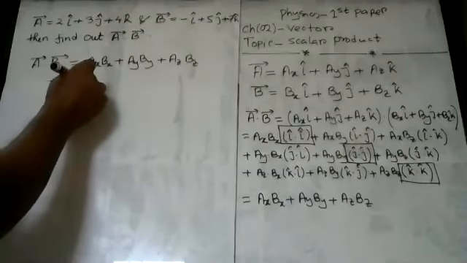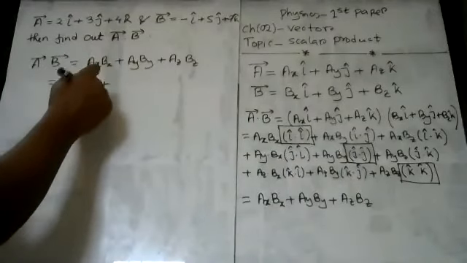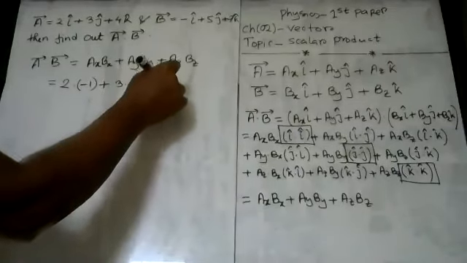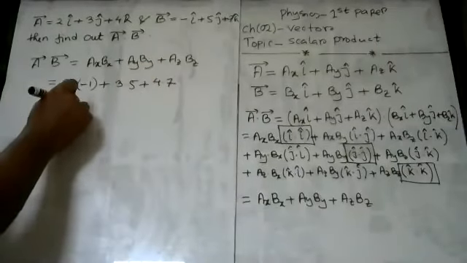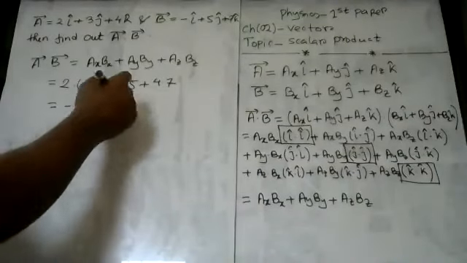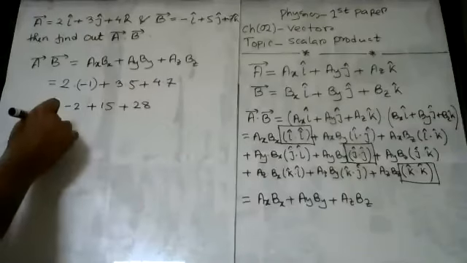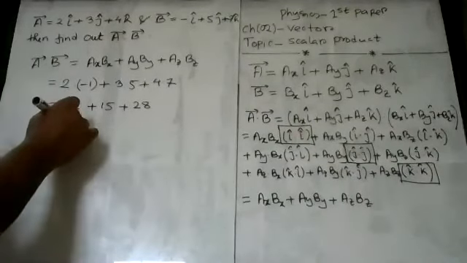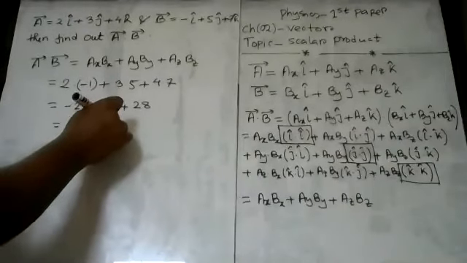So it is 2 into minus 1 plus 3 into 5 plus 4 into 7. So minus 2 plus 15 plus 28. Now what is the output of A dot B? Sir, 41. So it will equal 41 units.